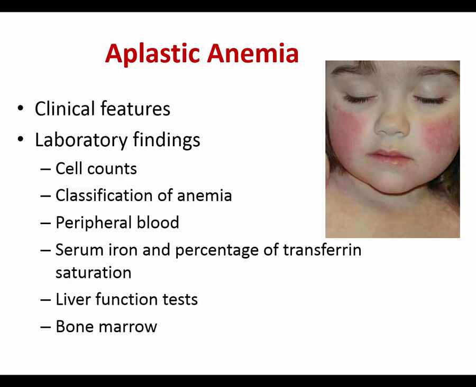You're going to have an increased iron level in your serum because there is nobody using that iron. What is going to happen to the percent transferrin saturation? It's going to increase because transferrin is trying to get the iron. It says, why are we not making red blood cells? Probably we don't have enough iron.